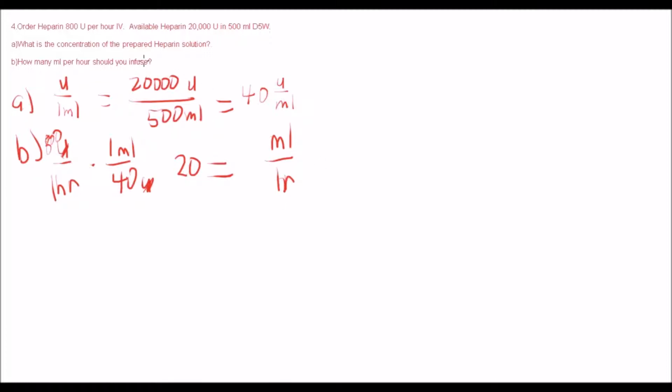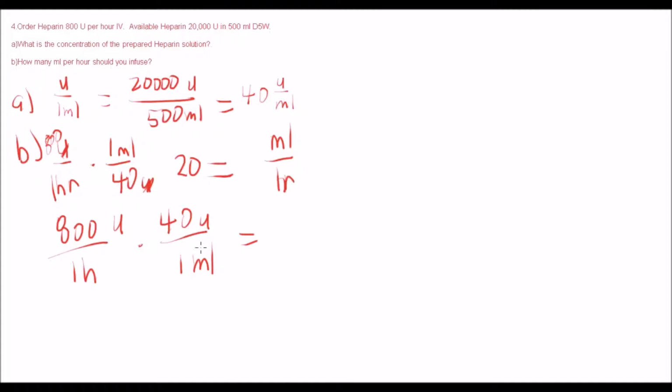So a lot of these are just figuring out how to set up the problem. If you end up with multiple values, like let's say for example on this B that we set it up wrong and we had units per 1 hour, and we tried to multiply that times 40 units over 1 milliliter, well, we can see that none of that's canceling, and we're going to end up with 2 U's on the top.